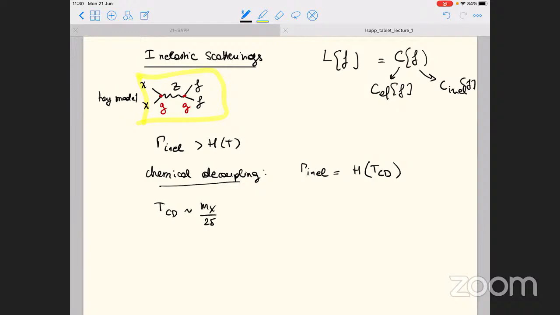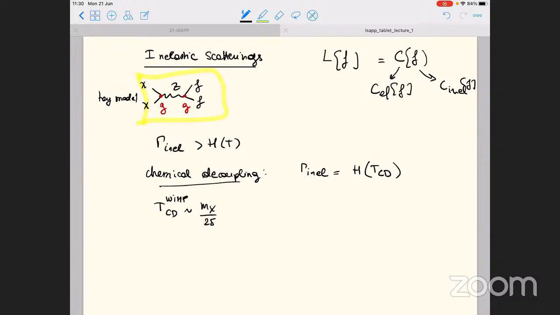Remember what I was saying before: when we want to compute the relic abundance of dark matter, shall we consider or not that we are in kinetic equilibrium for a weakly interacting massive particle?